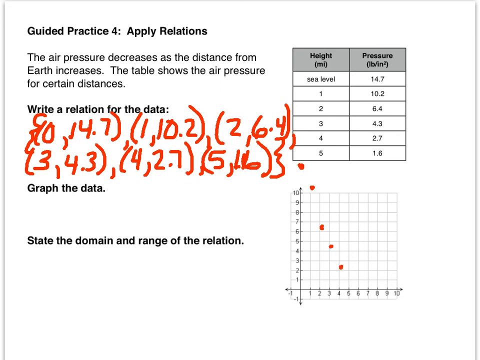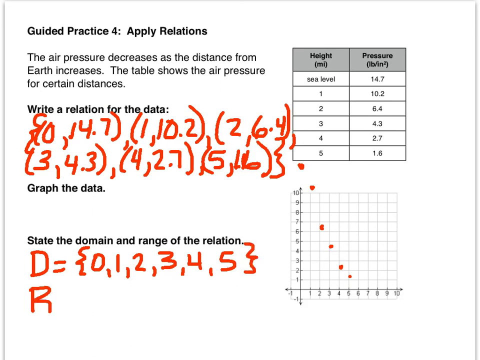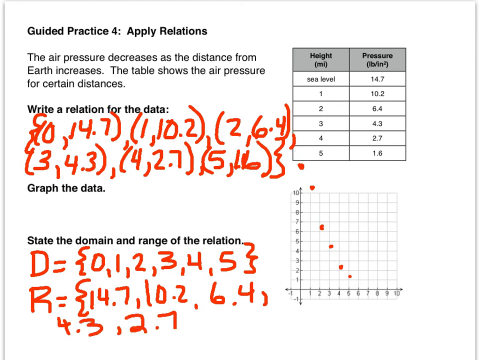At 5, 1.6. So if we're going to state the domain, it's going to be all of the x values, so 0, 1, 2, 3, 4, 5. And the range is going to be 14.7, 10.2, 6.4, 4.3, 2.7, and 1.6.